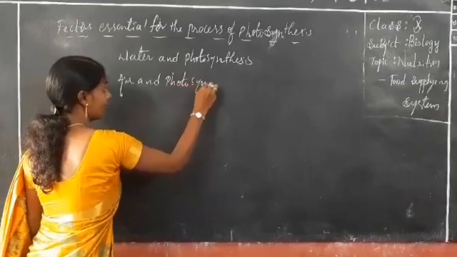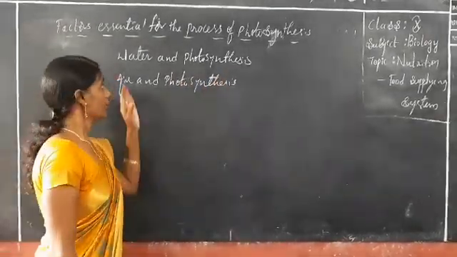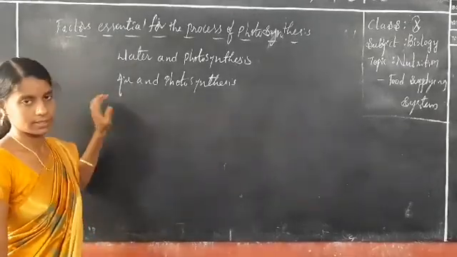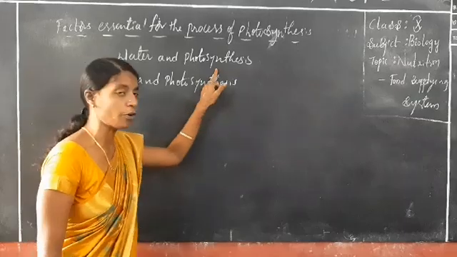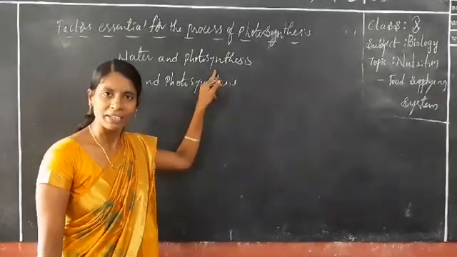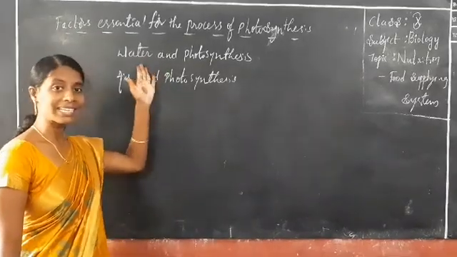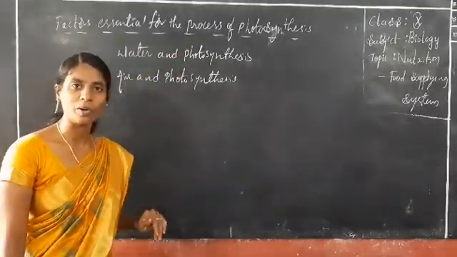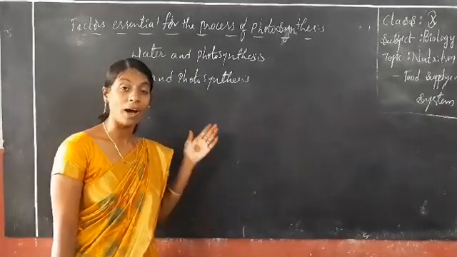Again I am saying how scientists conducted their experiments on these factors. Here, first, water. How is water essential for photosynthesis? I think I told this already in previous classes, maybe in 7th class, about Van Helmont.